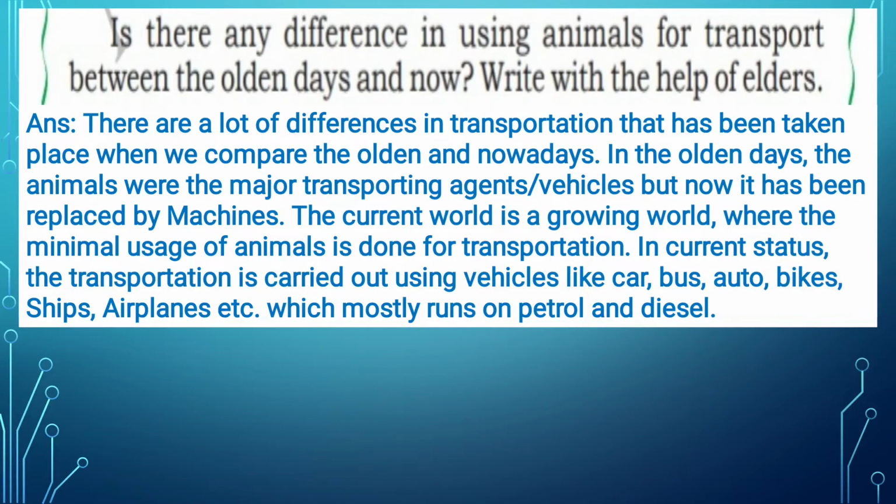In the olden days, animals were the major transporting agents or vehicles, but now they have been replaced by machines. Animals were the major means: people used to sit directly on the back of the animal, or the animals were tied to a cart, like bullock carts, horse carts, or camels or elephants.